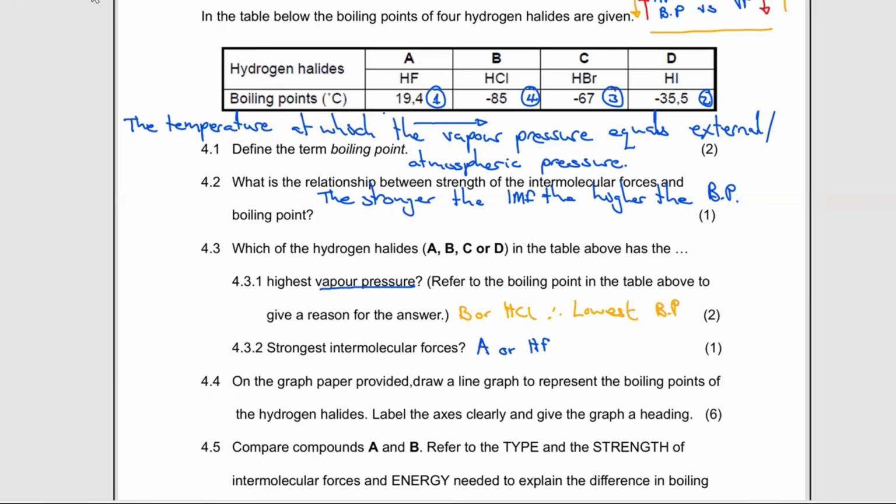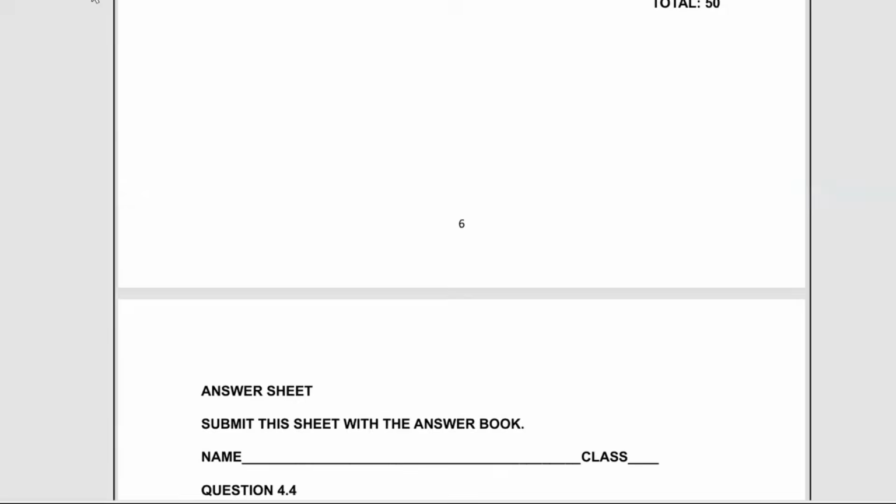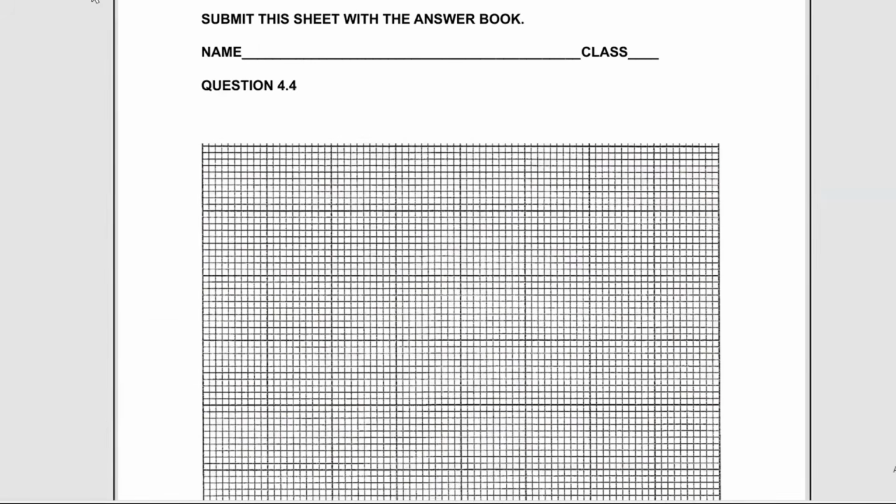Let me scroll to where my graph is. We're supposed to start with the heading, so we say this refers to boiling points.